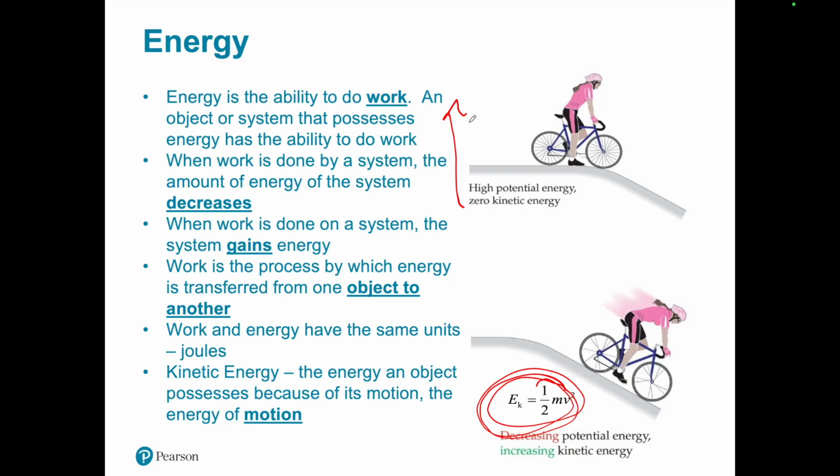But then as you go down the hill, your potential energy starts to decrease, and your kinetic energy is increasing because you are moving faster. Kinetic energy is the energy of motion, and potential energy is stored energy.